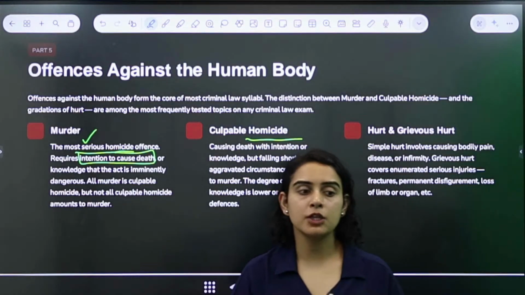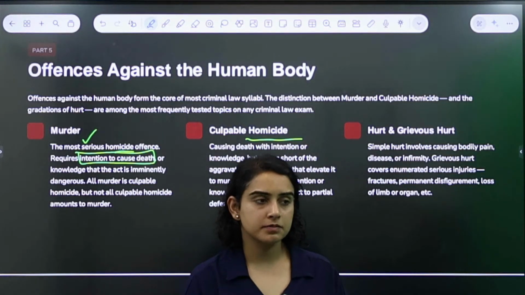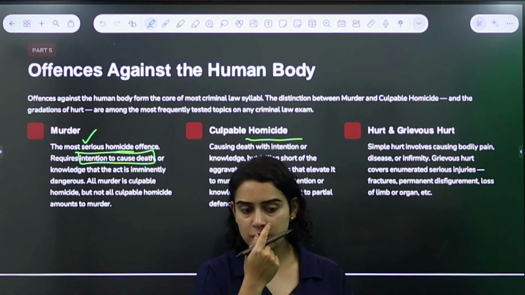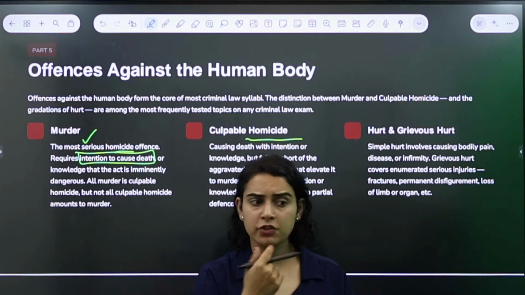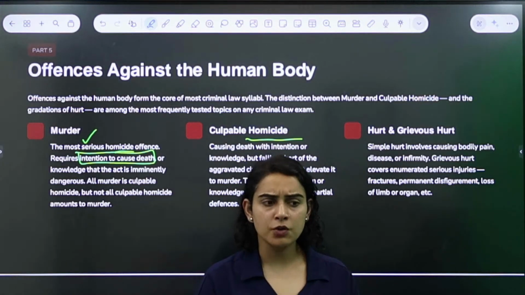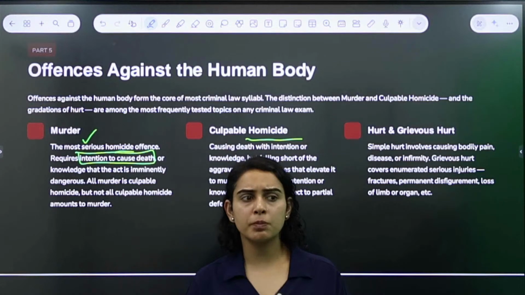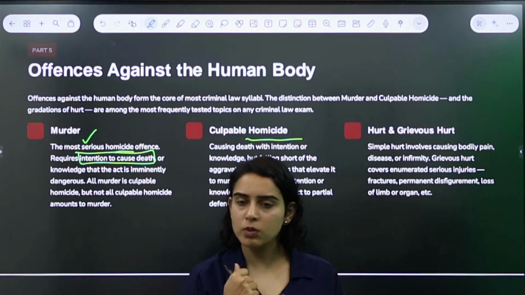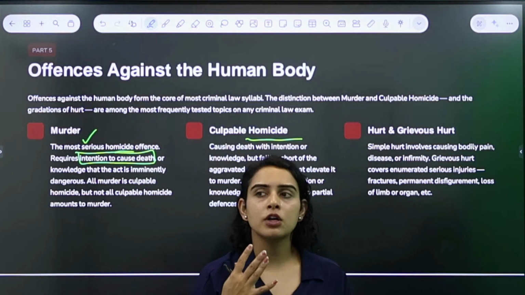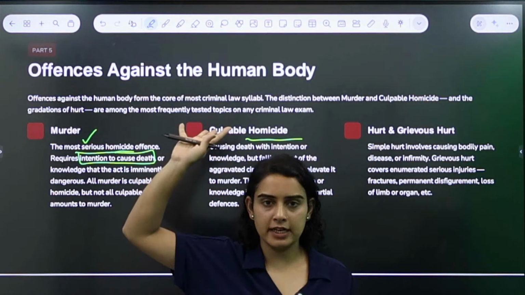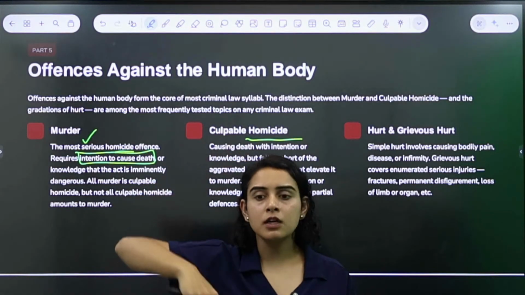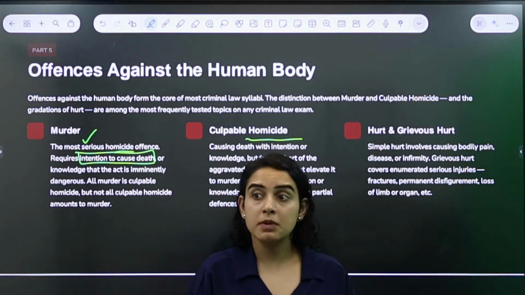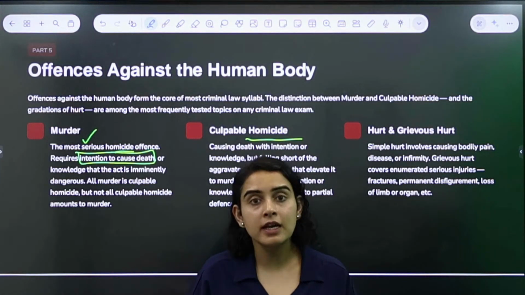For example, let's say you get into a very heated argument with someone, and you get really enraged, and out of that rage and anger, you punch that person with so much vigor that the person got unconscious and went into a coma, and later he died. Here you were angry, but your intention was to hurt him, but not to kill him. But still, you have now somehow killed him.